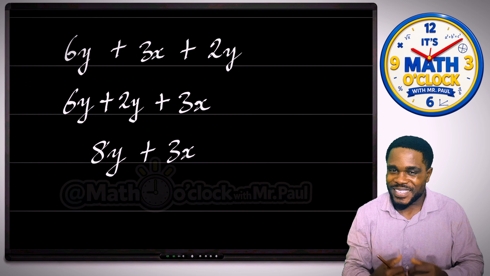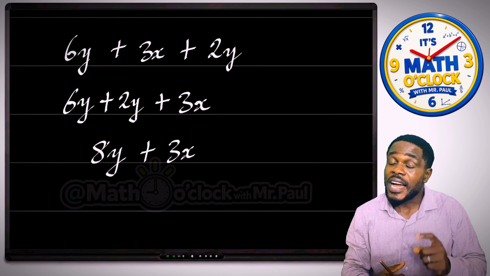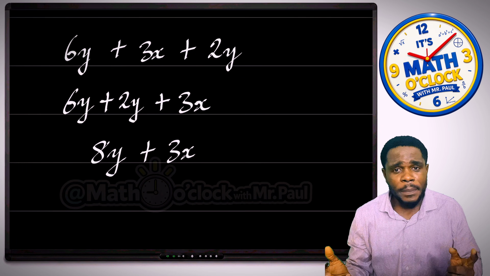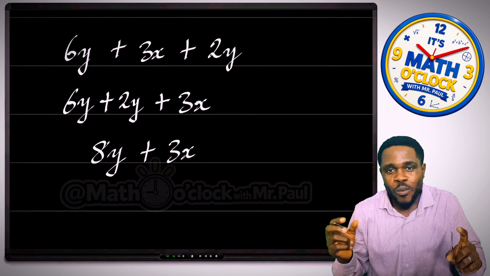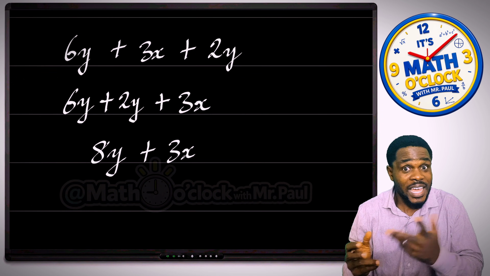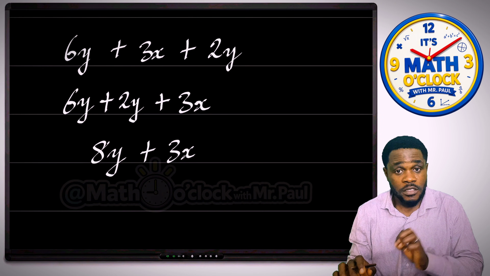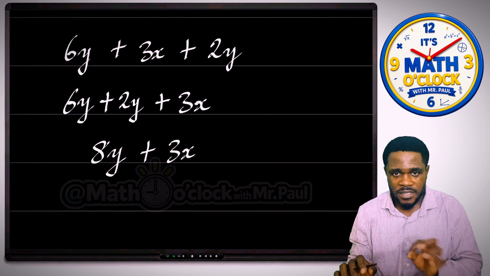No, I'm not going to say that. I have 5 oranges and 2 apples. You still specify what they are. Therefore, because they are unlike terms, we leave it that way. 8y plus 3x. Is that clear?